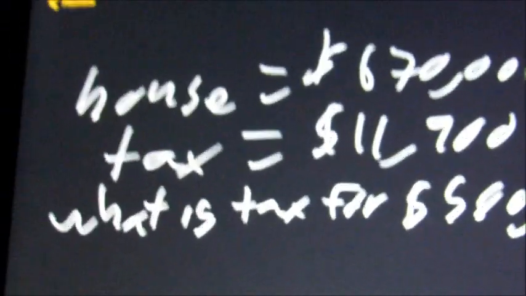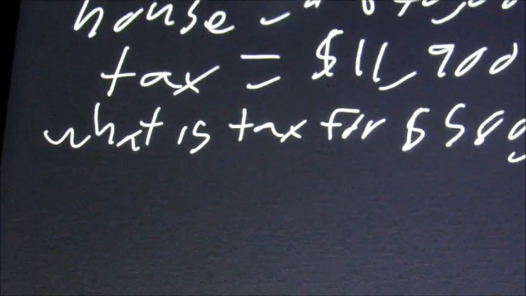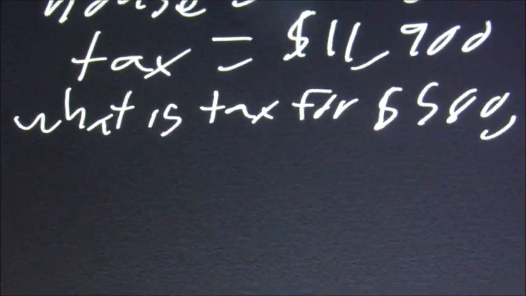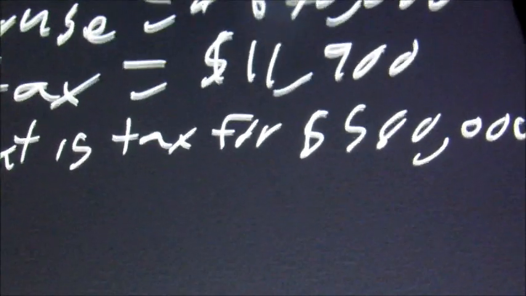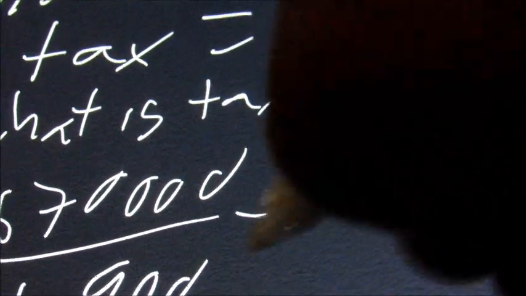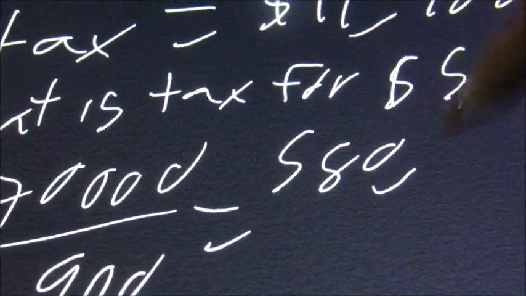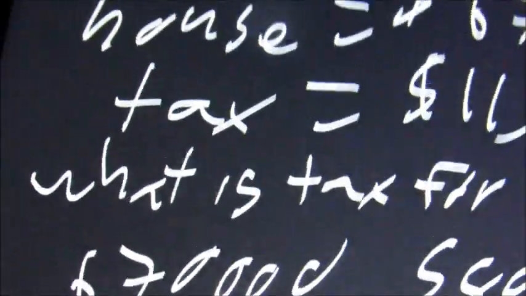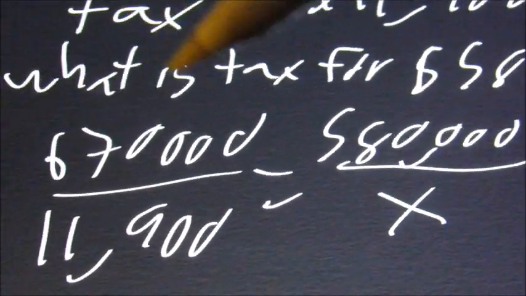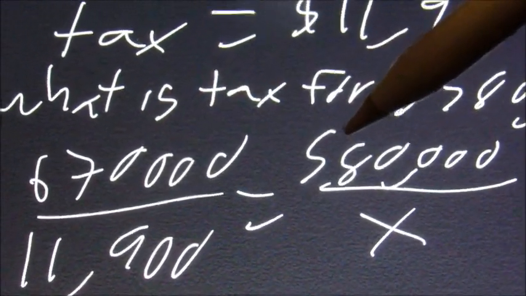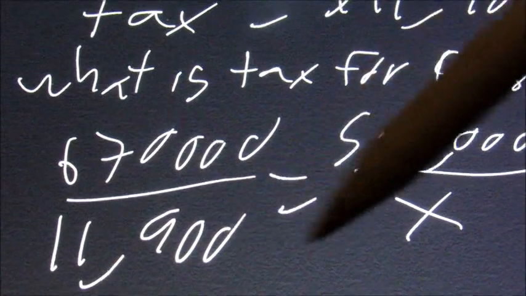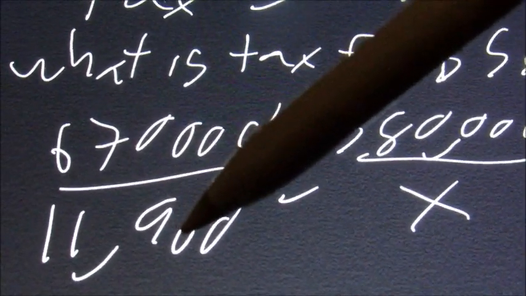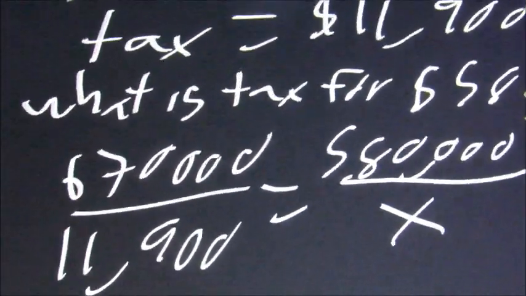It's a multiple choice question, and there's going to be 4 choices, and I believe 3 of them are going to be right. So what we could say is the 670 is to the 11,900 as the 580,000 is to X. So we put the costs of the houses on top and the taxes on bottom, and I made sure that the tax that went with the 670 was in that same fraction.